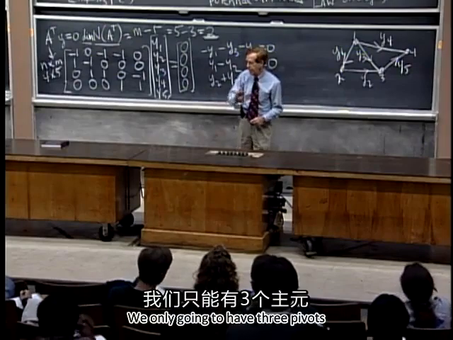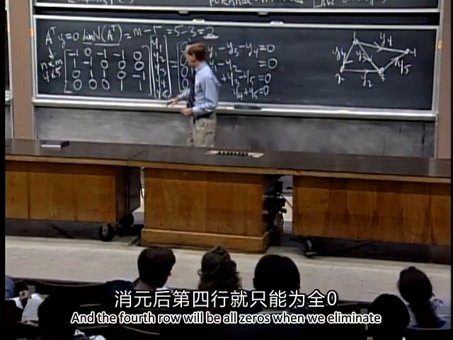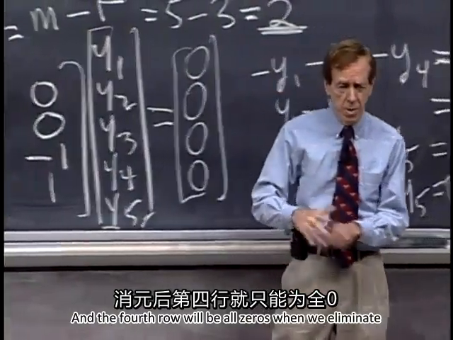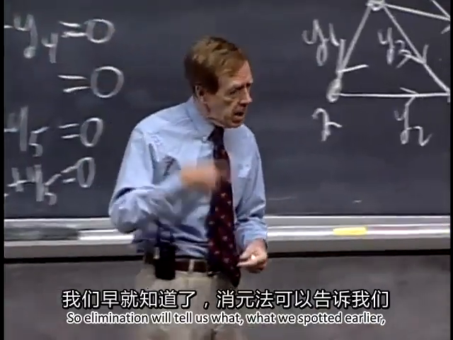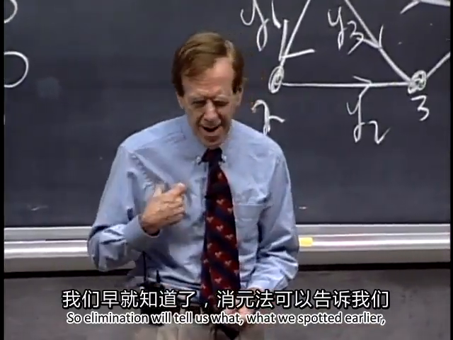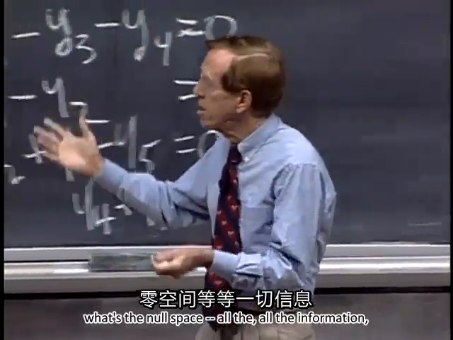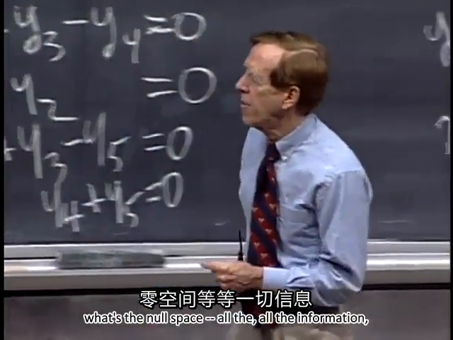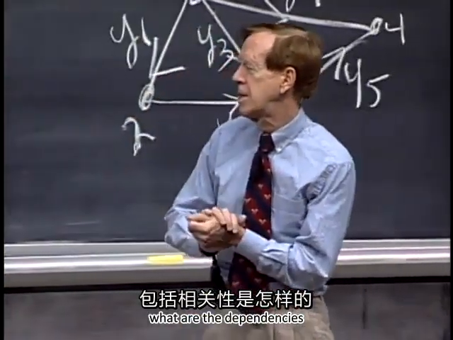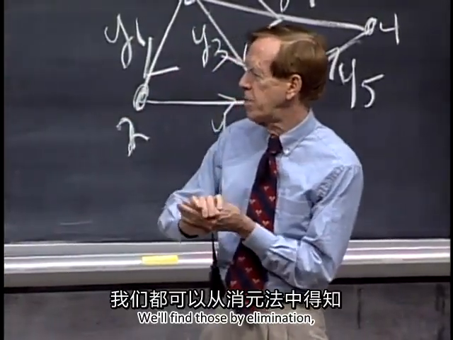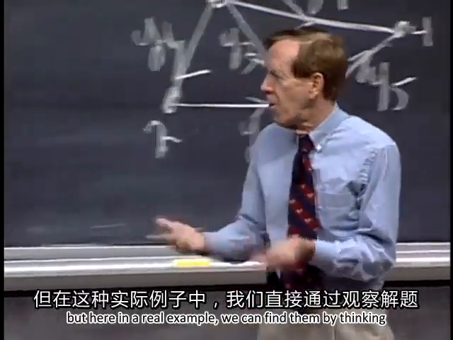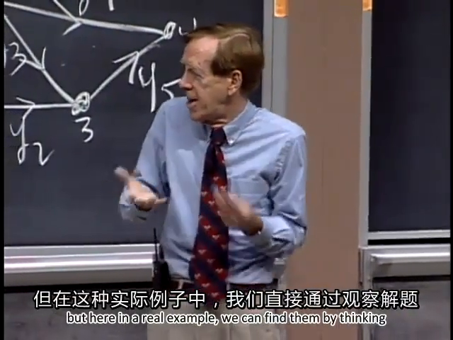We're only going to have 3 pivots, and the fourth row will be all zeros when we eliminate. So elimination will tell us what we spotted earlier. What's the null space? All the information. What are the dependencies? We'll find those by elimination. But here, in a real example, we can find them by thinking. Okay.